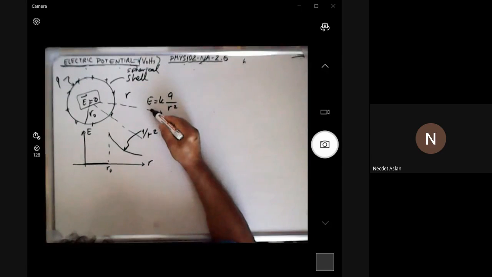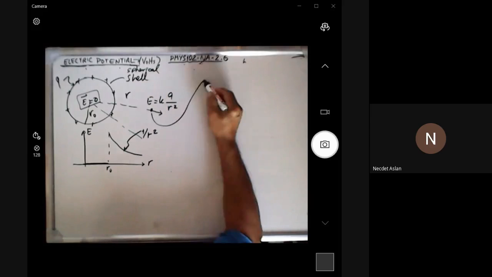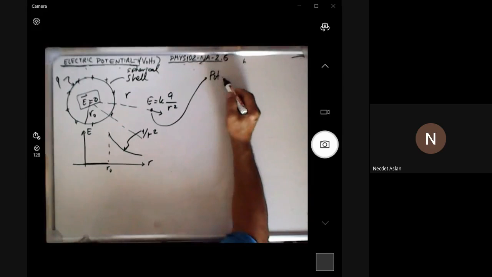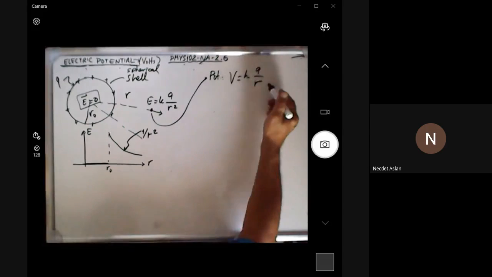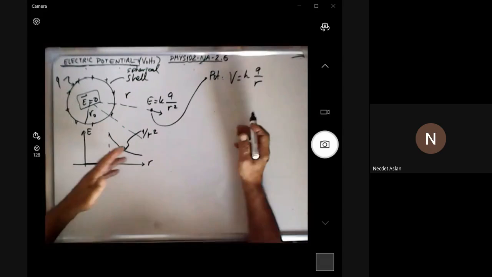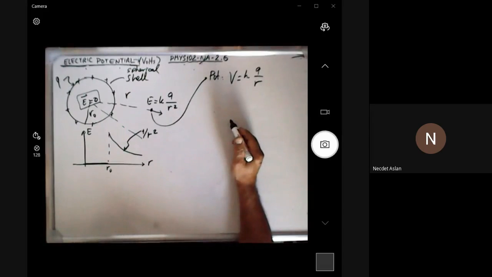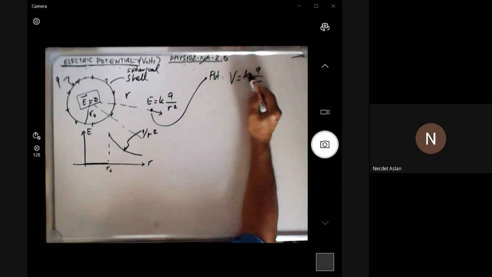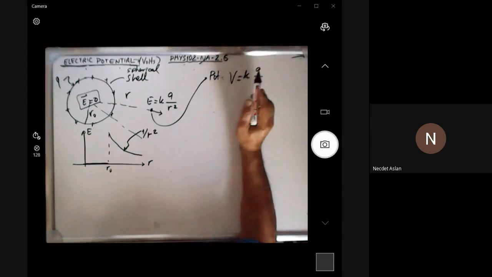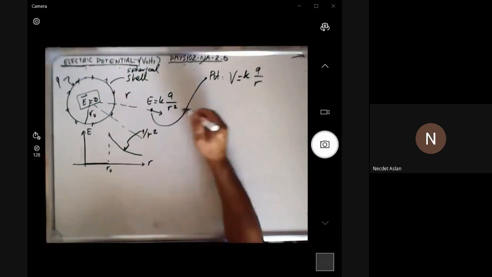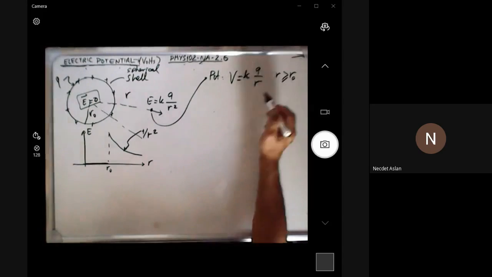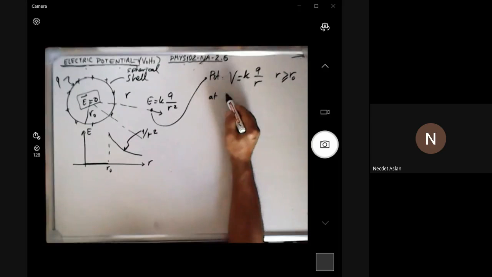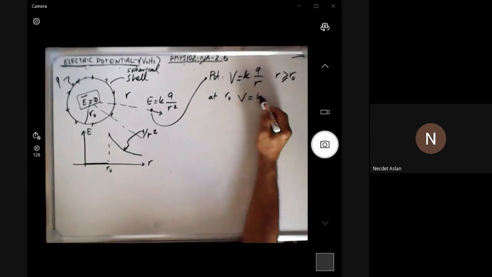The potential at this point is just k q over r, because of the reason I told you earlier. This is the expression we derived for the point charge, and it gives exactly the same thing. This is correct when r is greater than or equal to r0. At r0, the potential is simply k q over r0.